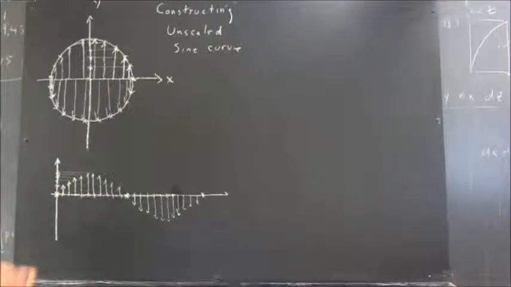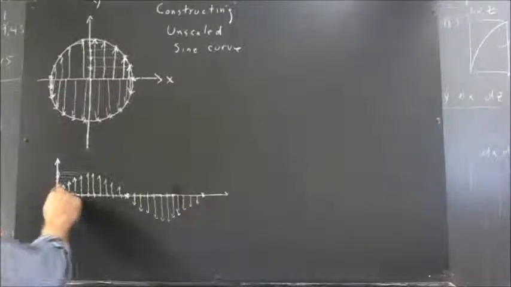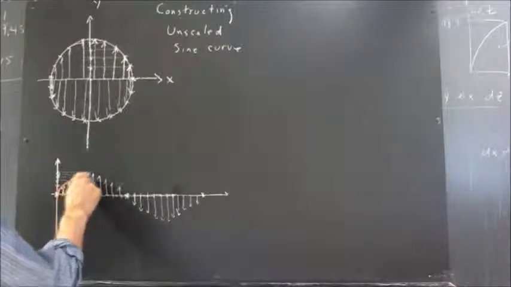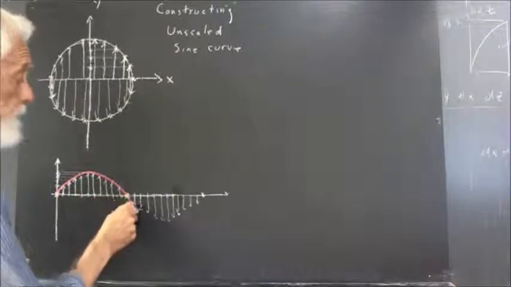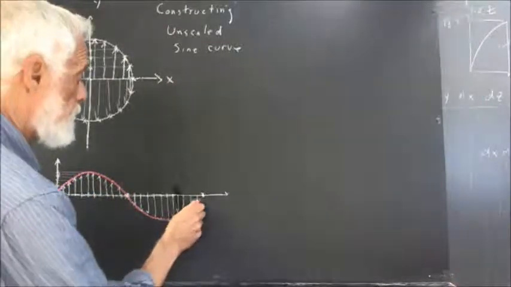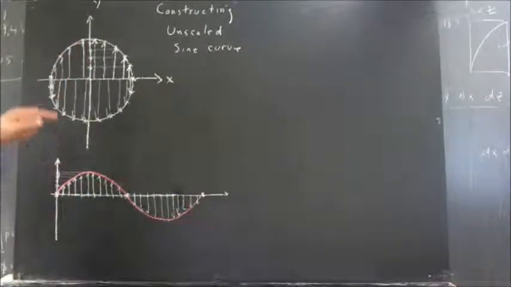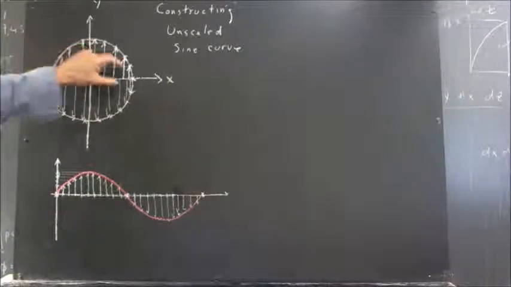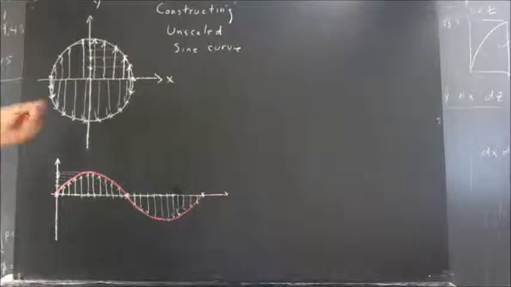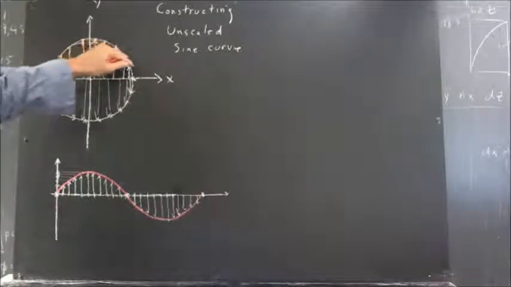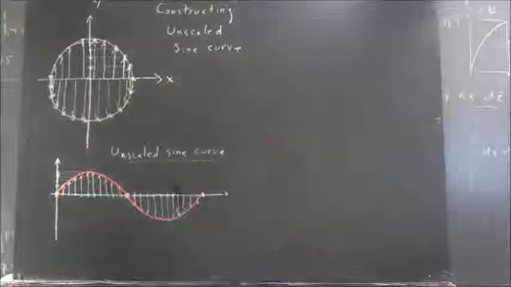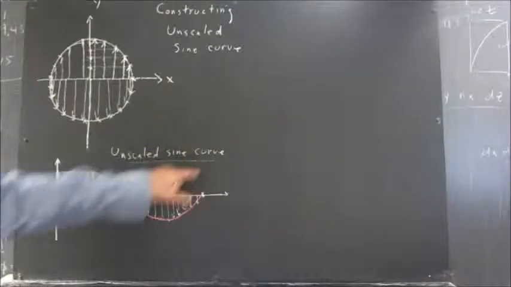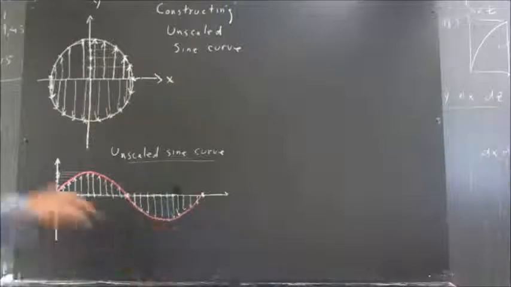And of course then we can also sketch a smooth curve through the tips of these arrows so that the x-coordinate represents, to some scale, how far we've moved along the arc of the circle, and the y-coordinate, of course, represents the lengths of these arrows, or the y-coordinates of these points. And this is what we're going to call an unscaled sine curve.